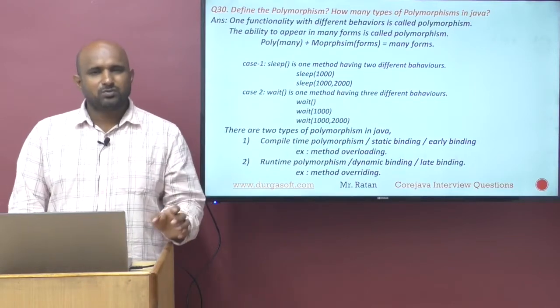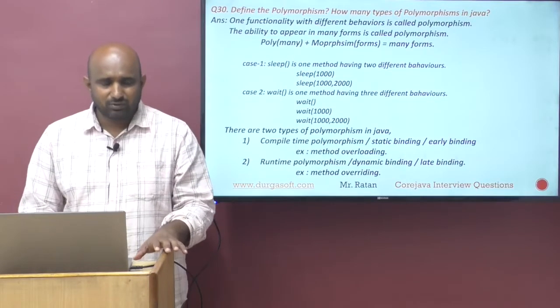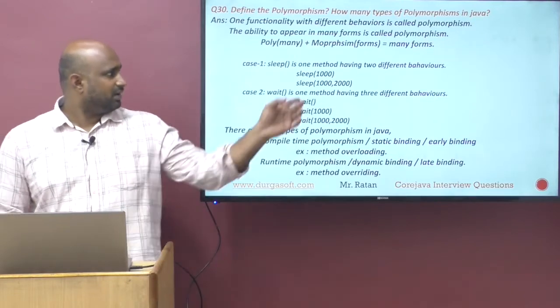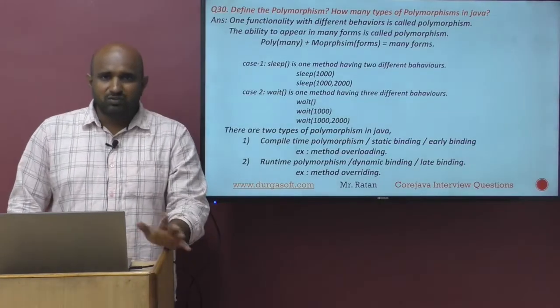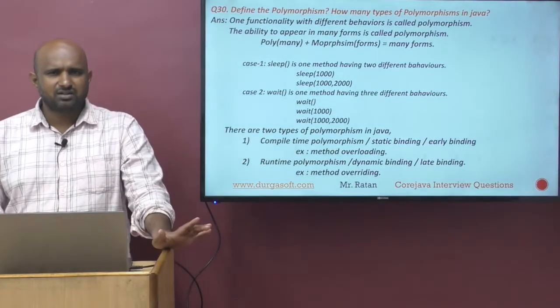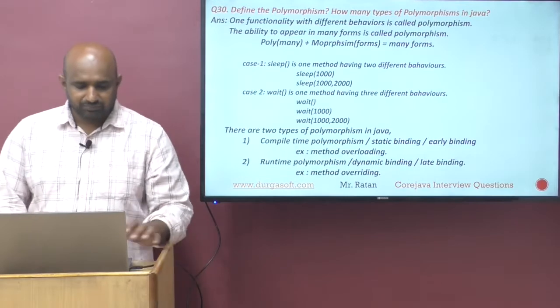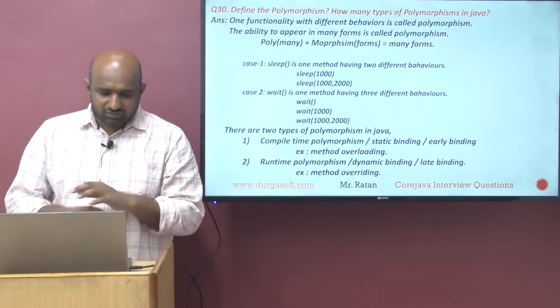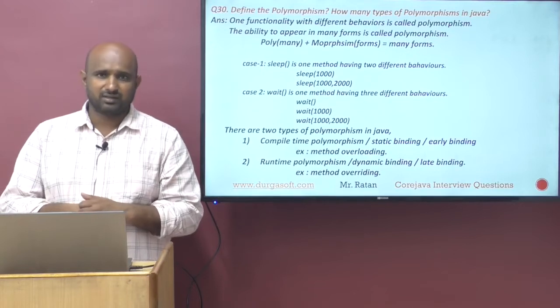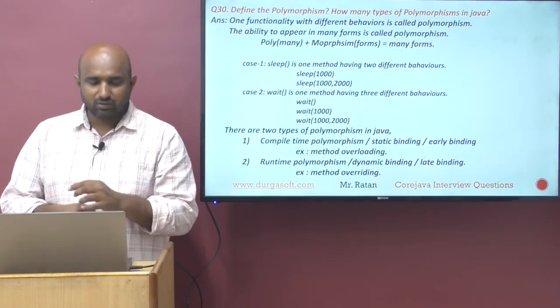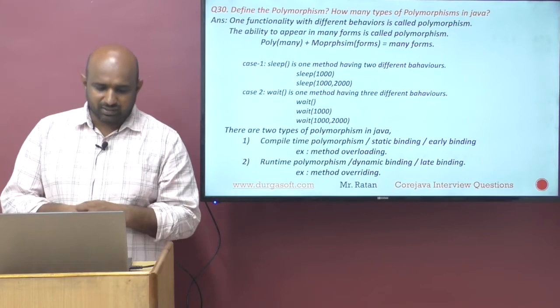There are two types of polymorphism: compile time polymorphism and runtime polymorphism. An example: sleep is one method having two different behaviors, and wait is one method having three different behaviors. Compile time polymorphism is static binding, or early binding.